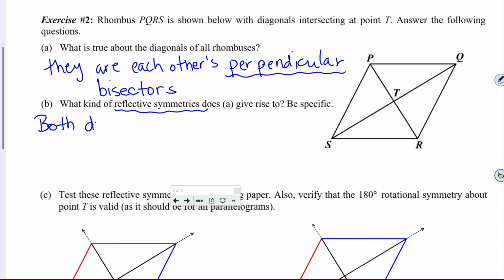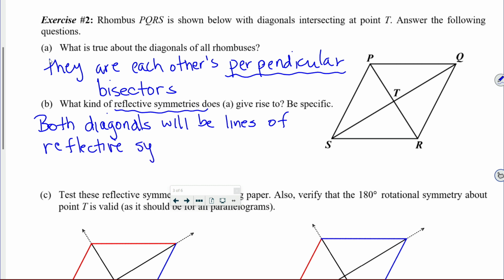Both diagonals will be lines of reflective symmetry, right? And it's so cool.